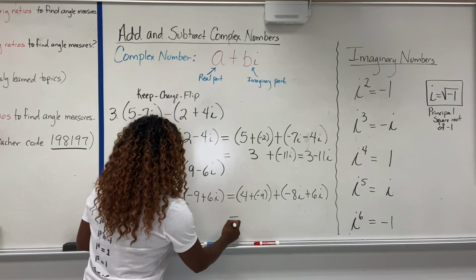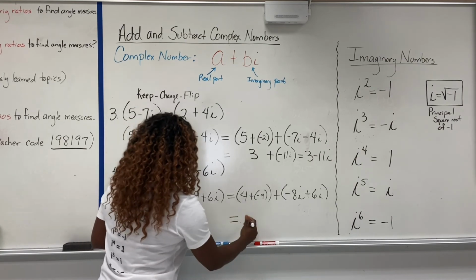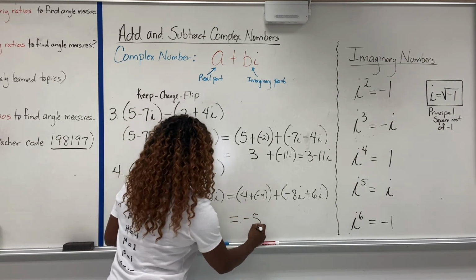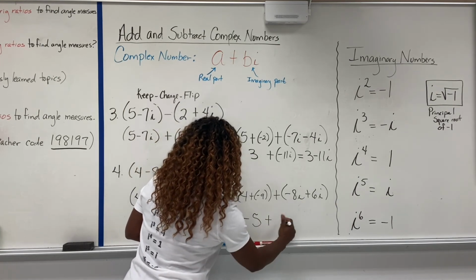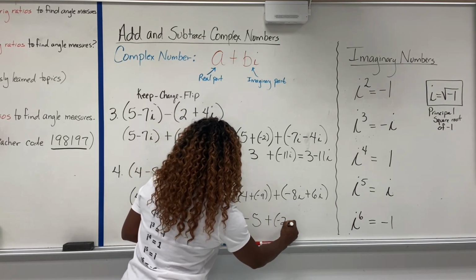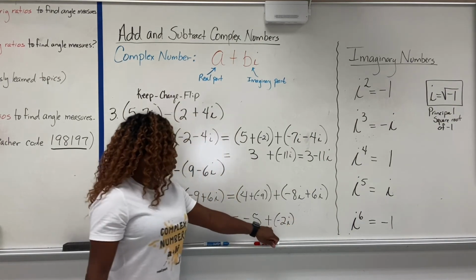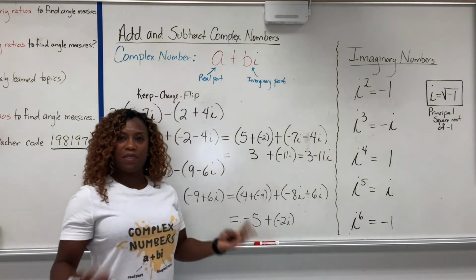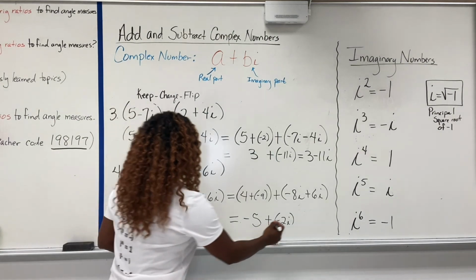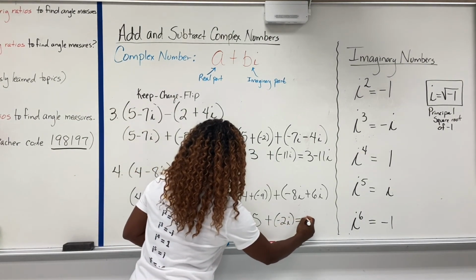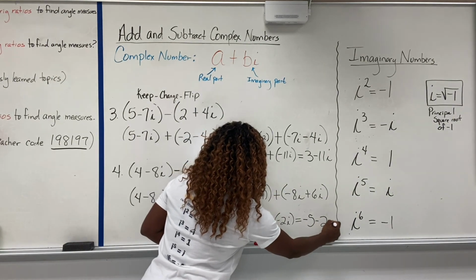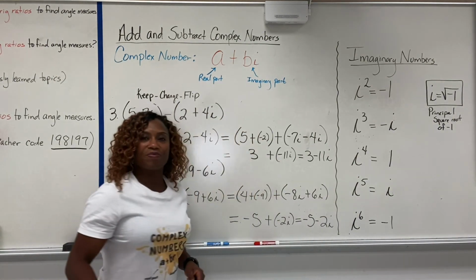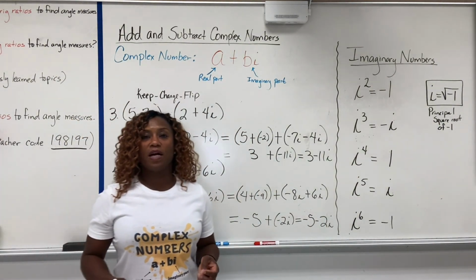All right, let's do the work. 4 plus a negative 9 is negative 5, plus negative 8i and a positive 6i is a negative 2i. And again, I don't want two operations side by side because it may get confusing. So let's go ahead and rewrite the final answer as negative 5 minus 2i. And there's your subtraction of your complex numbers.